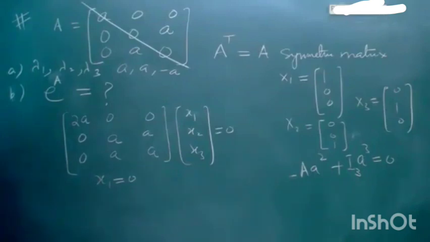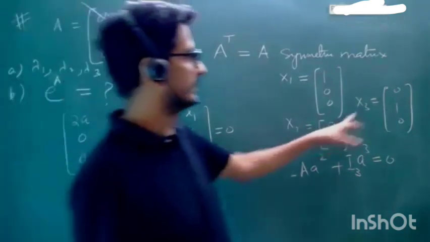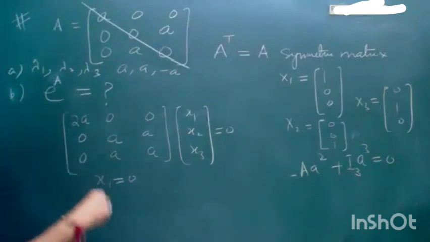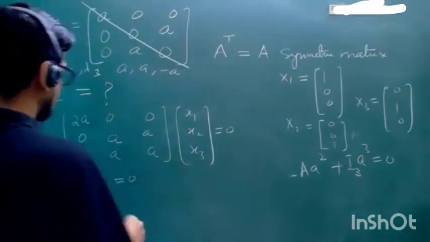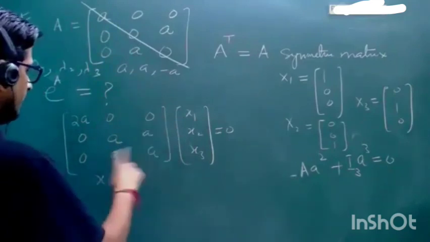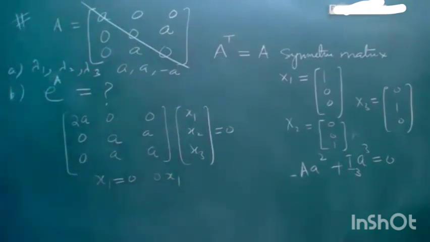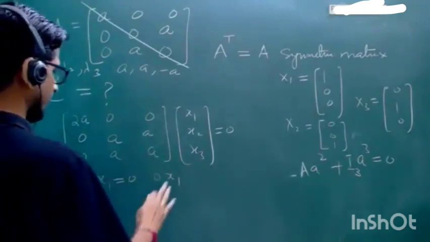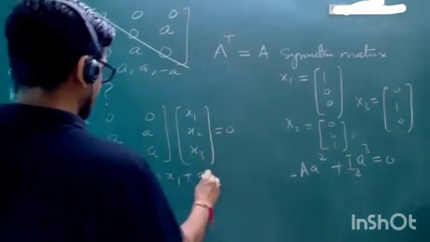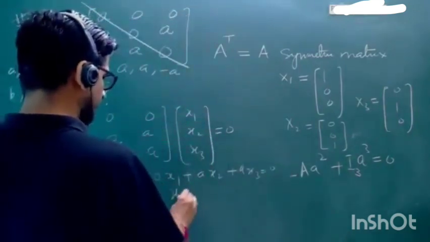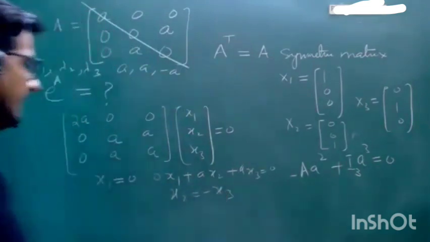Correct? Let me write it using equations. 2a x1 plus this. The second one is 0 x1. Second and third are the same, right? So we will subtract and this will become 0. So only one equation is there: 0 x1 plus a x2 plus a x3 is equal to 0. So that means x2 is equal to minus x3.